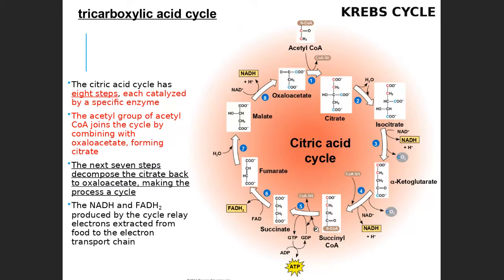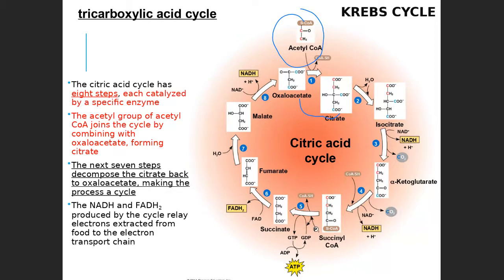So I have my acetyl coenzyme A. Remember that I formed two because I have two pyruvate. Look at that. It will combine with an oxaloacetate forming a citrate. And the next steps are going to be just to decompose the citrate back.